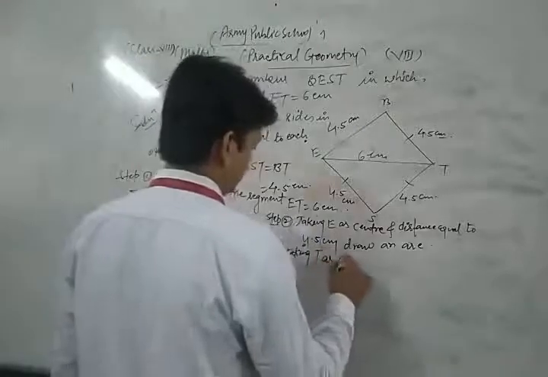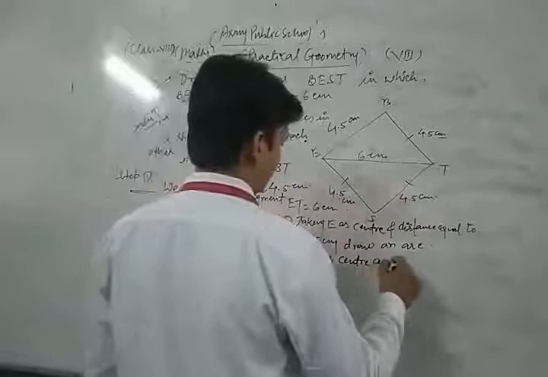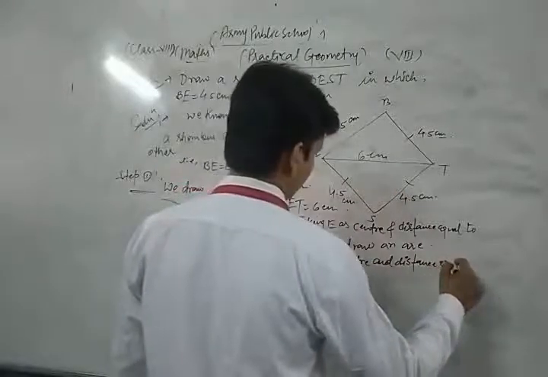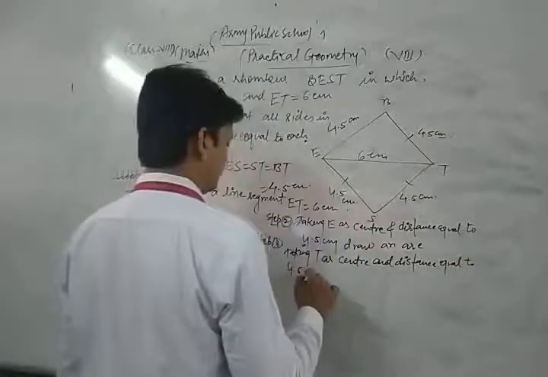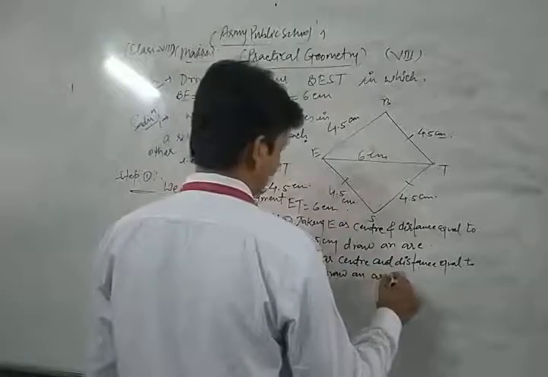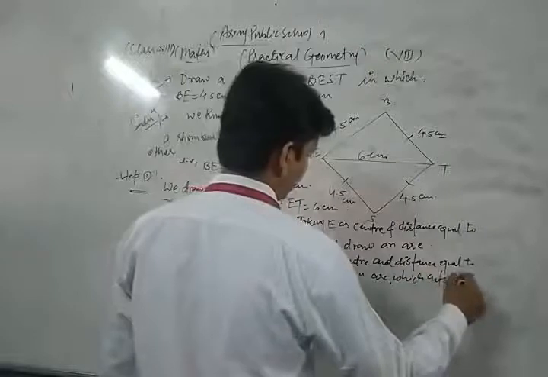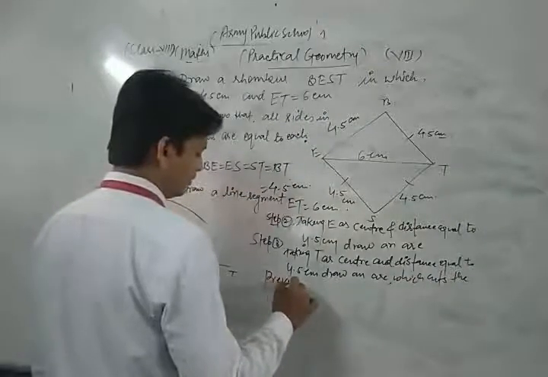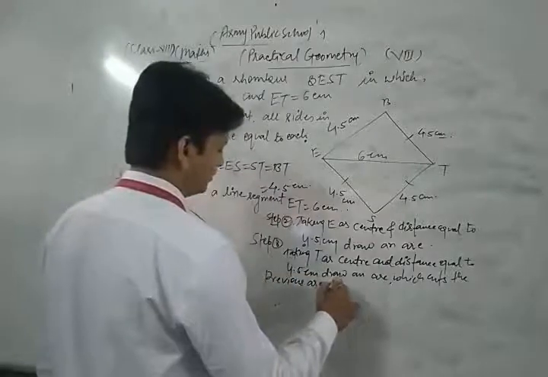Taking T as center and distance equal to 4.5 centimeter, draw an arc which cuts the previous arc at point B.